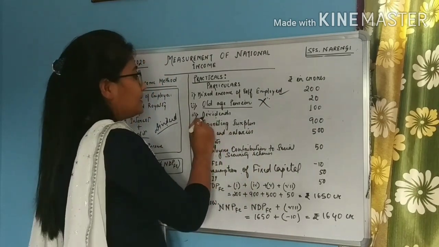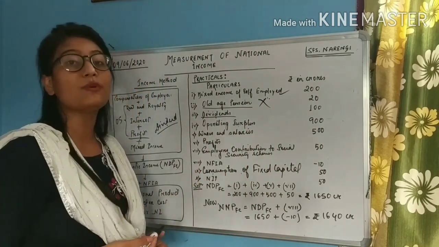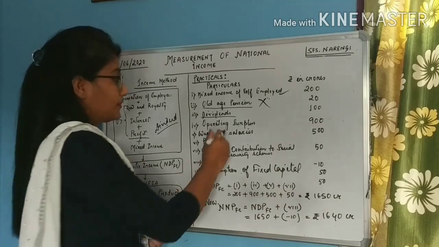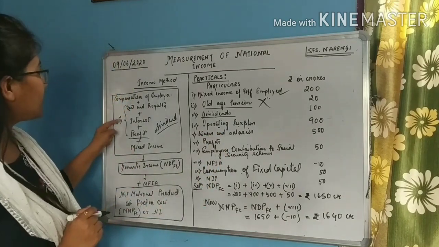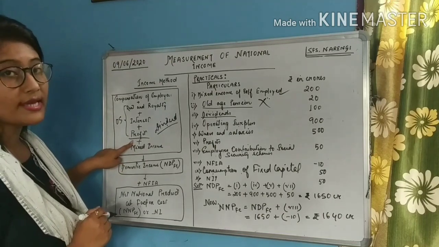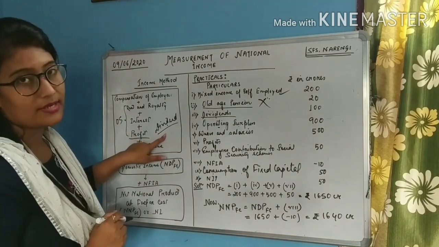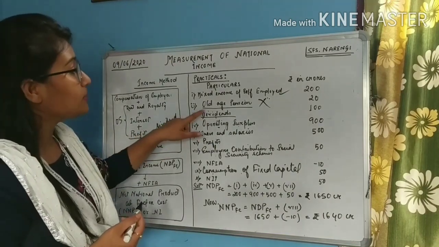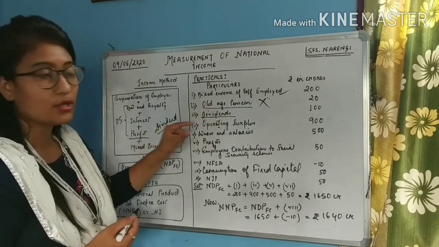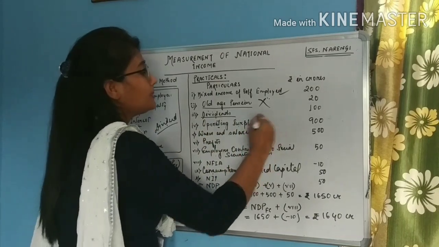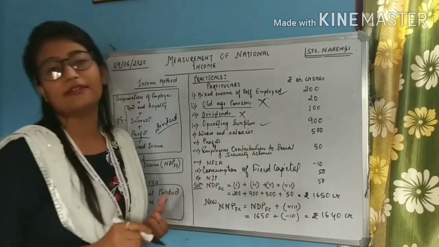Okay. Dividends. Dividends has to be included, students, but operating surplus is also there, and we all know that operating surplus includes profit and profit includes dividend. So in a way, dividend is already under operating surplus, right? Operating surplus already includes dividends. So we will include operating surplus, so no need to include dividends. Okay.